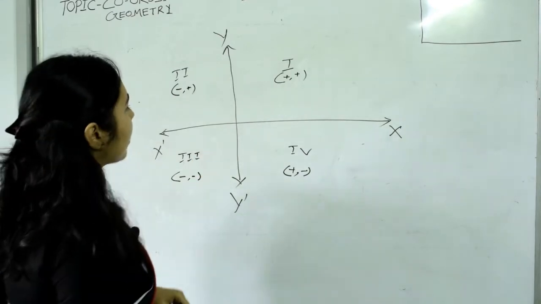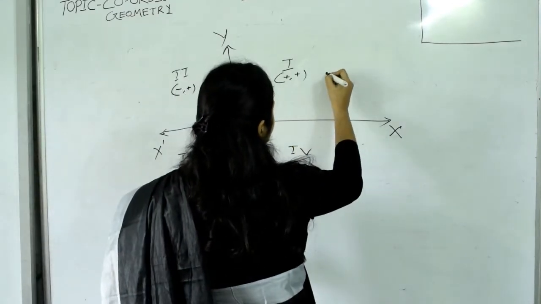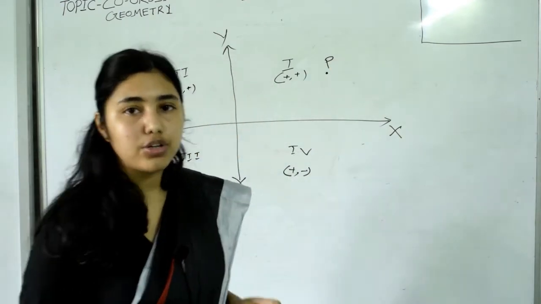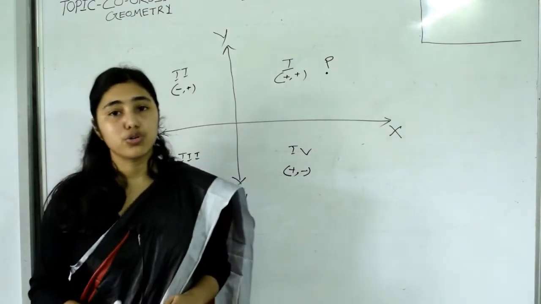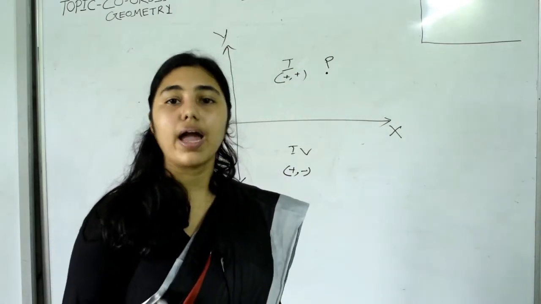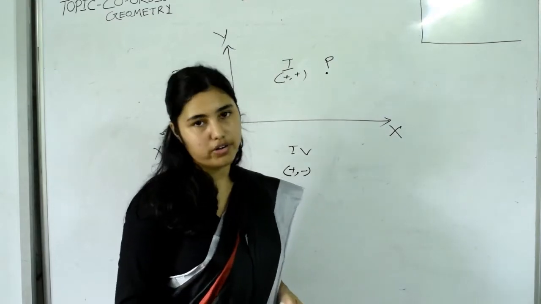Now suppose this is a point P. Then we know that there are two coordinate systems. One is the Cartesian coordinate system and the other one is the polar coordinate system.